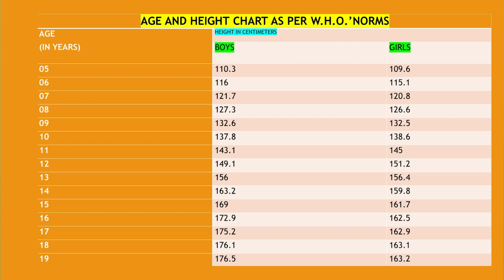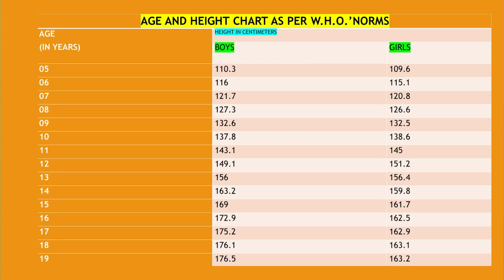As compared to that, if you look at a girl, at 15 years old the height is about 161.7 centimeters, and that can go only up to, on an average, 163.2 centimeters. See the difference between the height of a growing boy and a growing girl.